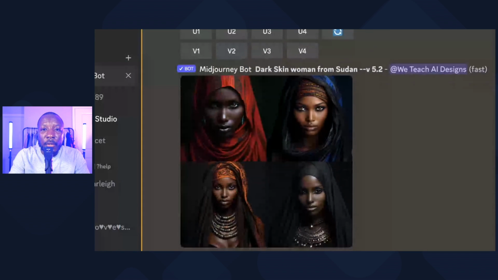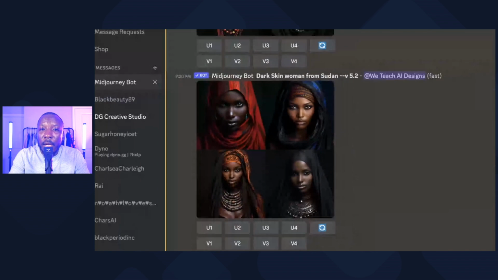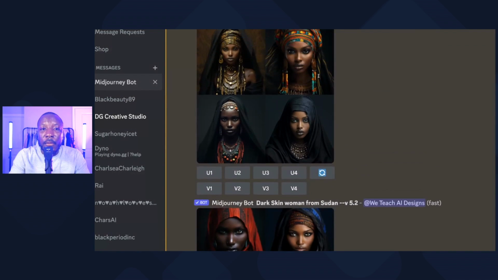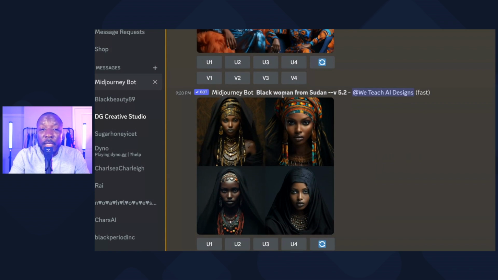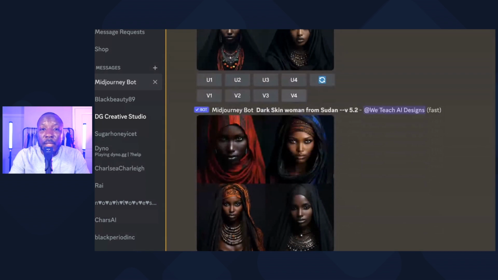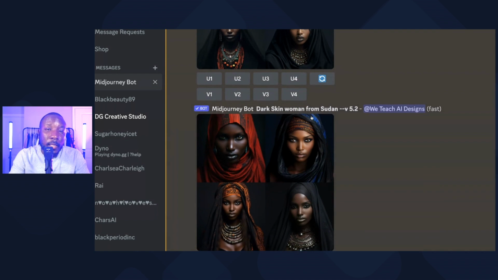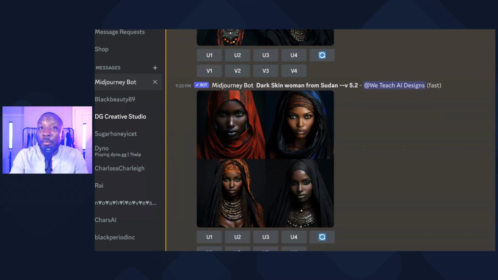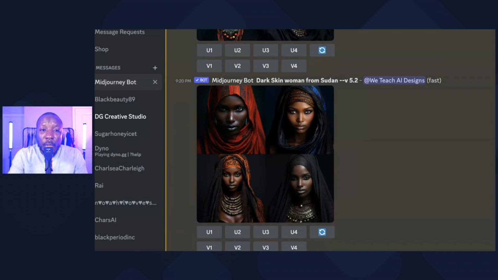The second render, I put "dark skin from Sudan." So the first one I put "black woman from Sudan." The next one I put "dark skin from Sudan." Again, it's AI, so the renders are going to be just as good as what we described. So I think this one gave me a whole lot closer to what I was looking for.